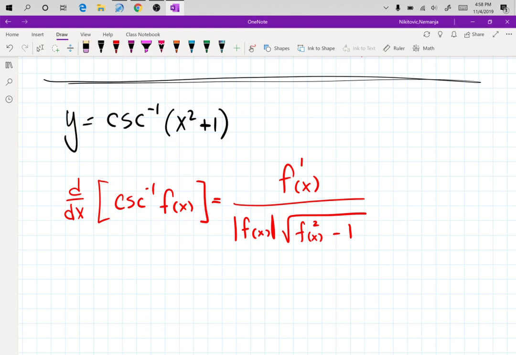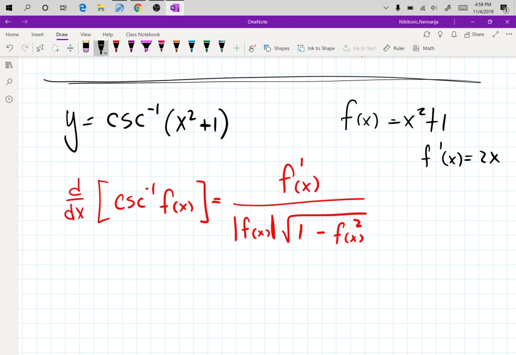No, 1 minus, I have this backwards. 1 minus f of x squared. So, all you need to do is to realize that your f of x is x squared plus 1 and that your f prime is 2x, and just plug them everywhere.